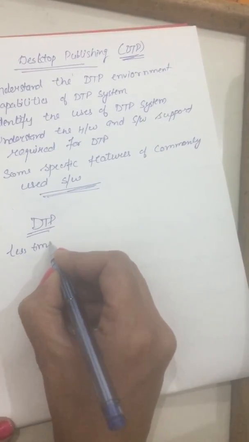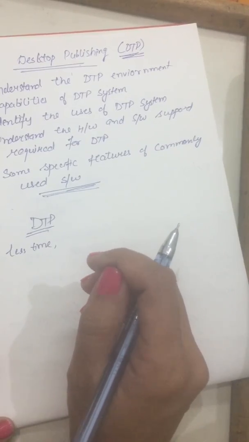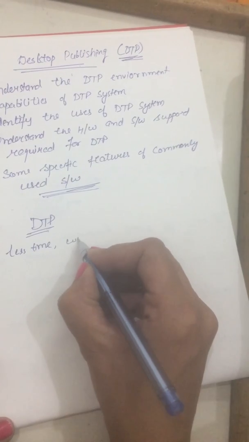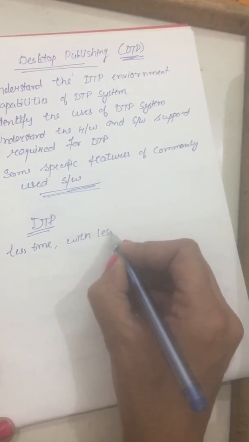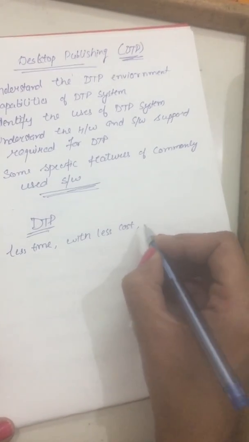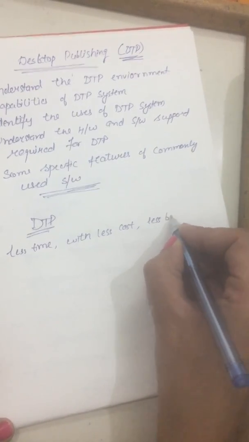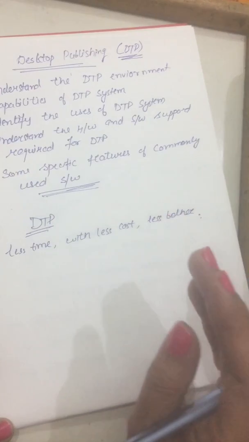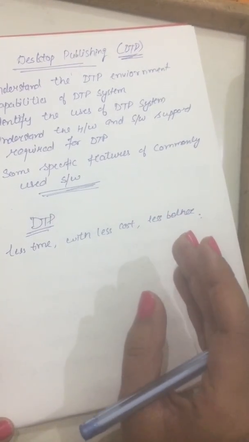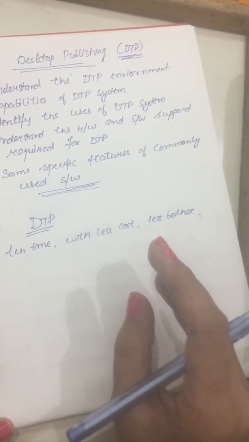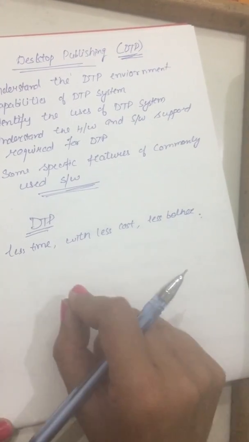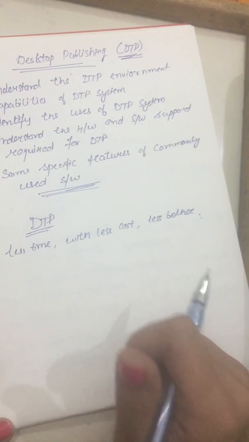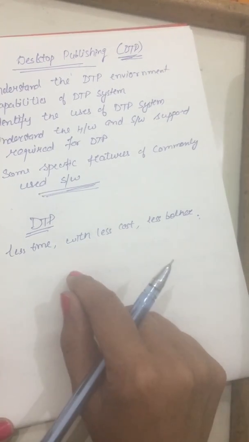Print document means any document, if you want to print any document, it consumes less time, less cost, and also less botheration. Desktop publishing is so called because in a DTP system, most of the publishing tasks can be carried out on relatively one piece of equipment that can be placed on a table.